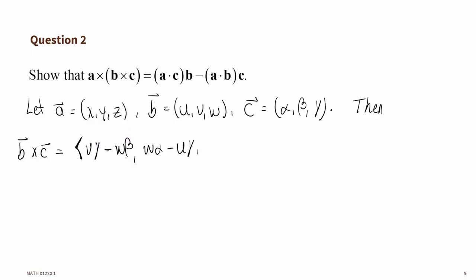That is the best gamma I've drawn in a while. U beta minus V alpha. Notice in the second component, I flipped the order, so I just didn't write out the negative. I already distributed that negative through.